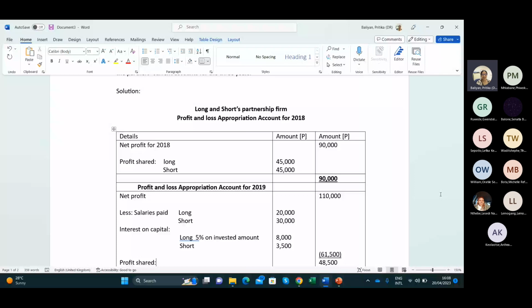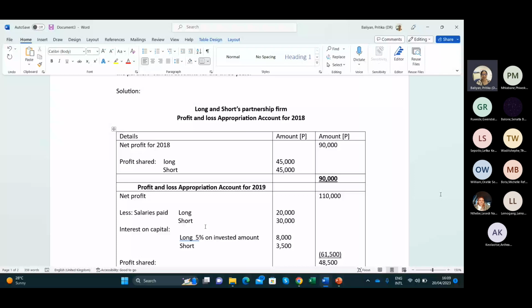Then we subtract: from 1st January 2019, the partners agreed to get a salary of 20,000 for Long and 30,000 for Short. They are also entitled to get interest on their invested capital at 5%.